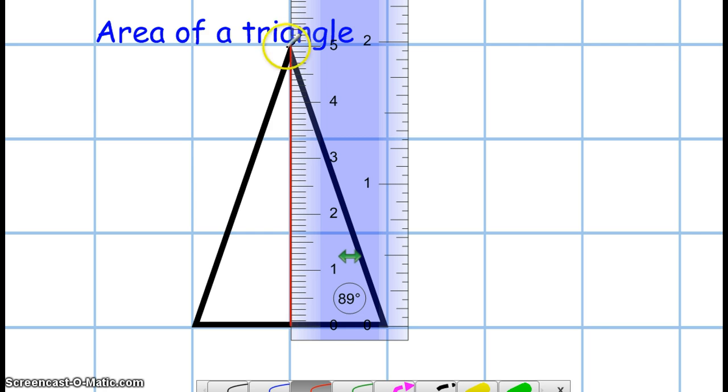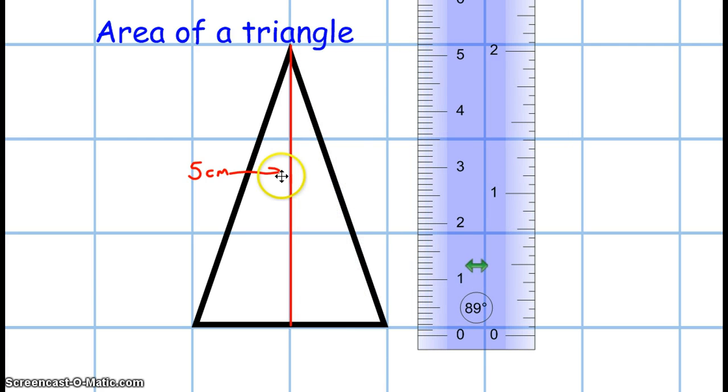There we go. As we can see, the distance is 5 centimeters. So we'll go ahead and write that down. 5 centimeters, and that's considered the height. We'll move the ruler out of the way. Again, 5 centimeters.